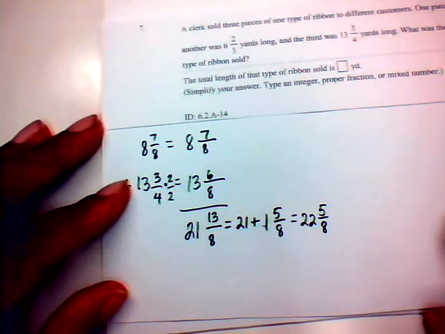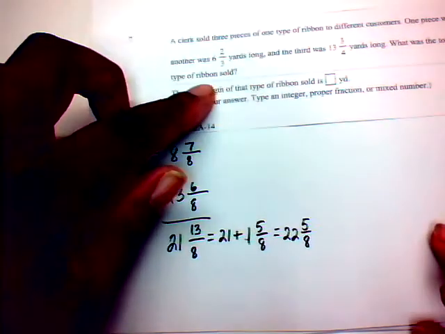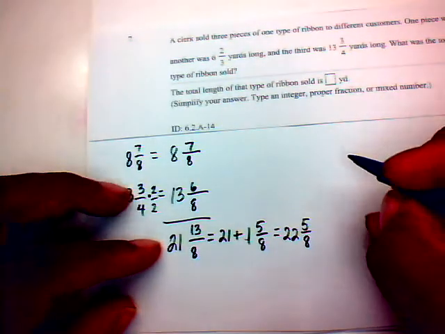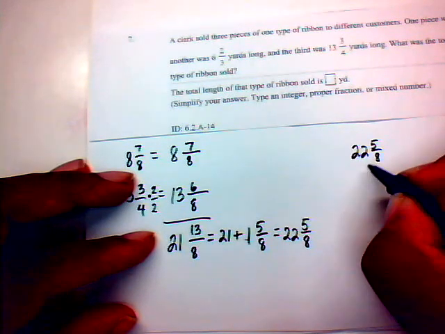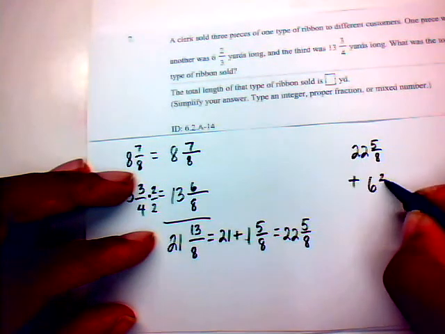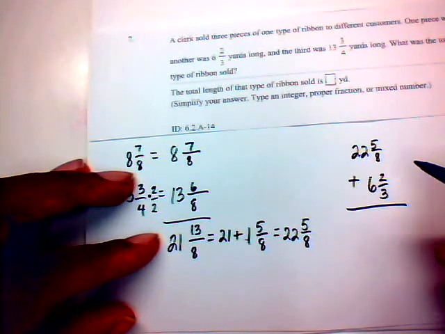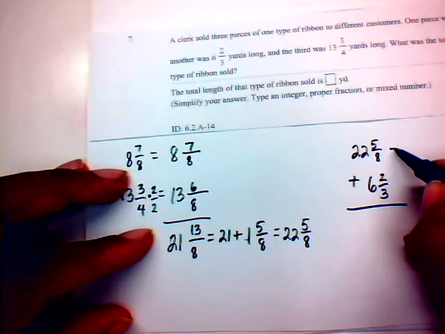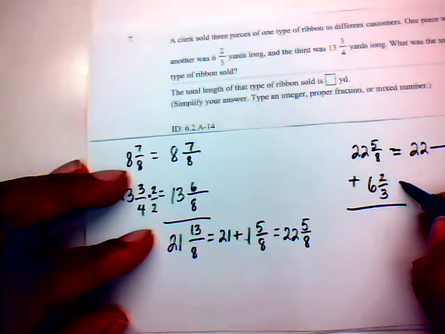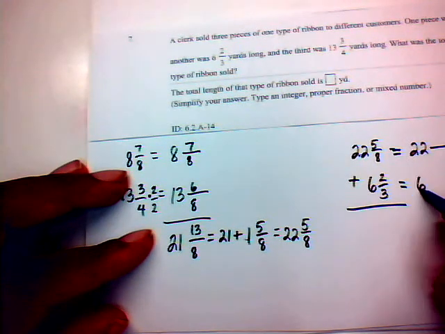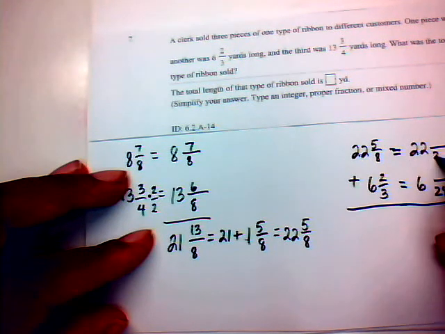Okay, but we still got 6 and 2/3 yards to add. So we got 22 and 5/8 plus 6 and 2/3 of a yard. Now we need a common denominator of 8 and 3. In this case, it'll have to be 24.